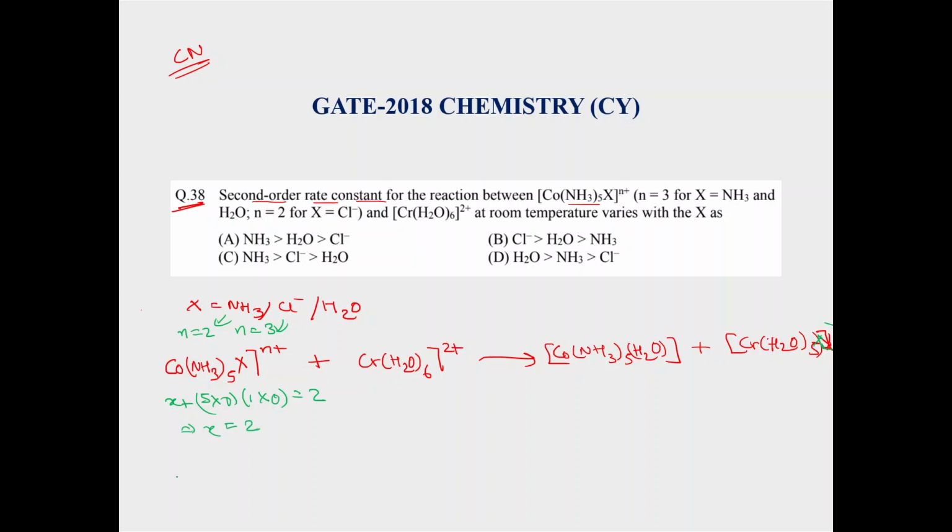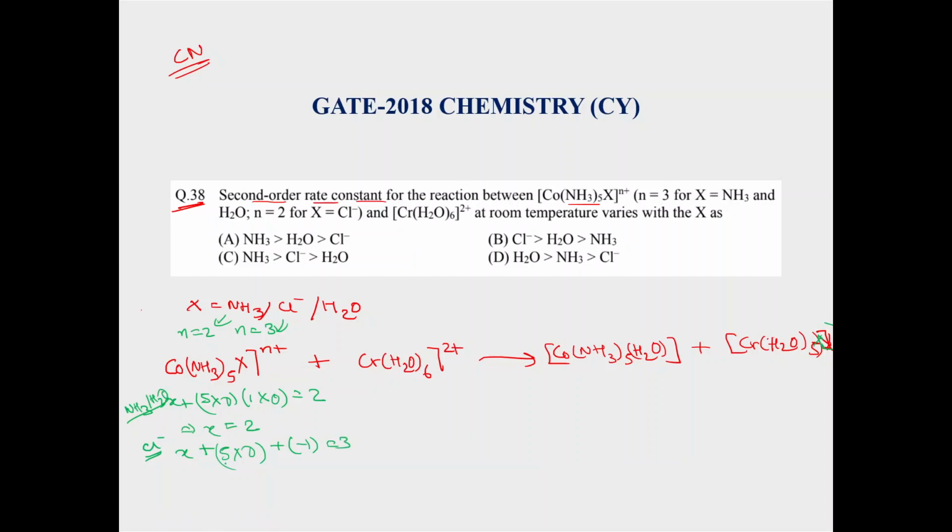And now we will see the Cl minus case. Okay, so x plus 5 into 0, and Cl minus means it is carrying a negative charge, that is plus minus 1, is equal to 3.